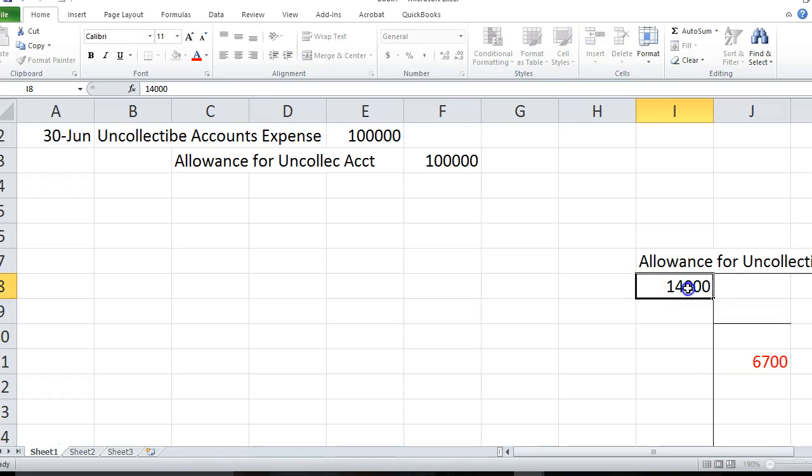It's telling us it has a credit balance of $800. What are we going to need to do to adjust this so we end up with $6,700? What will be our debit to uncollectible account expense, and what will be our credit to allowance for uncollectibles?